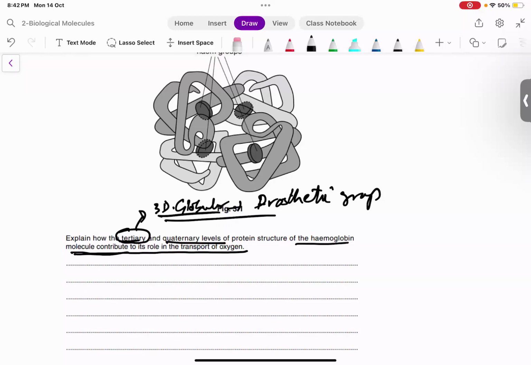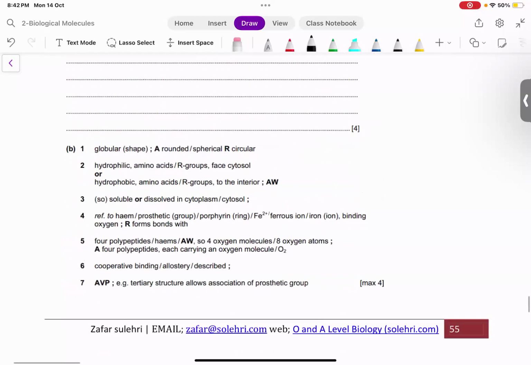So that's how you can write about how the tertiary and quaternary levels of protein structure of the hemoglobin molecule contribute to its role in the transport of oxygen. Let's see these points. You can say globular, this is rounded or globular. There are hydrophilic amino acids or R groups that face outwards. There are hydrophobic R groups that are toward the inside of it. This makes it water soluble or soluble in the cytoplasm.